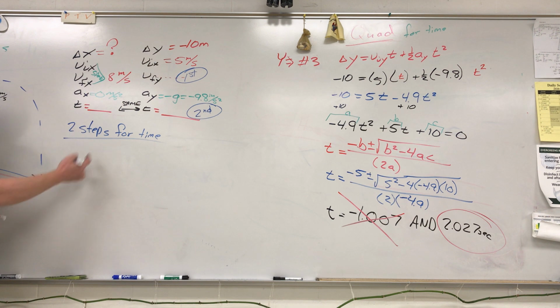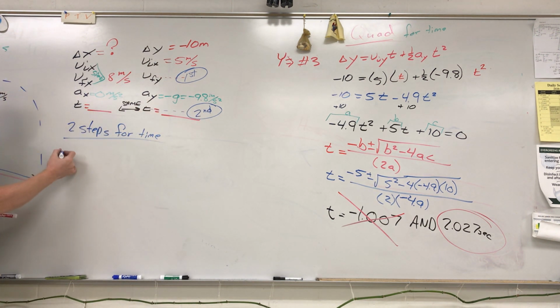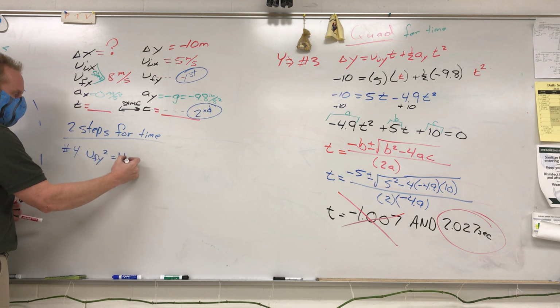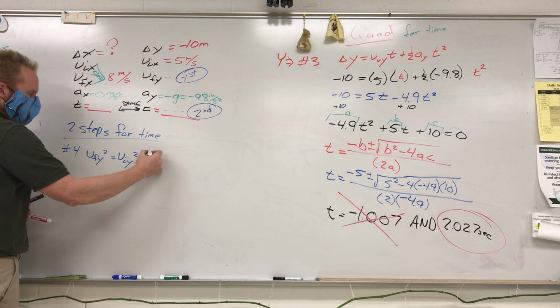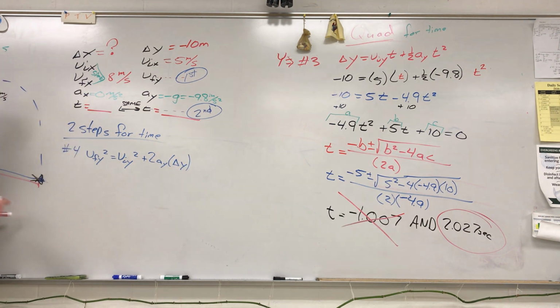So if you're going to solve for this, you would say, well, I don't know t. So then we would use equation number 4 in the y direction. VFY squared is equal to VIY squared plus 2AY times delta y.